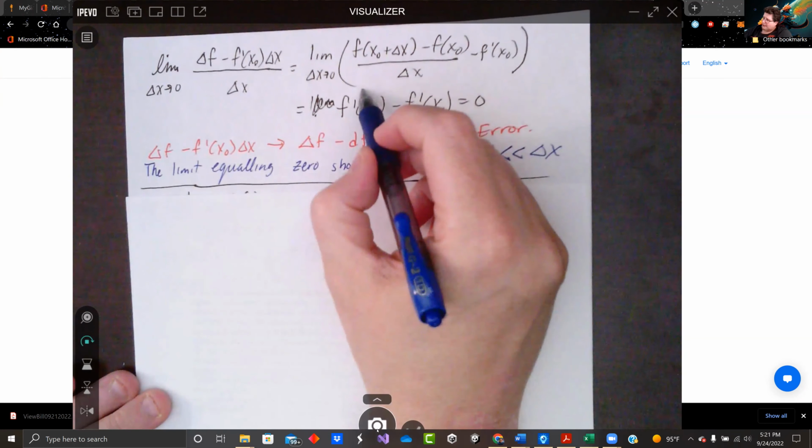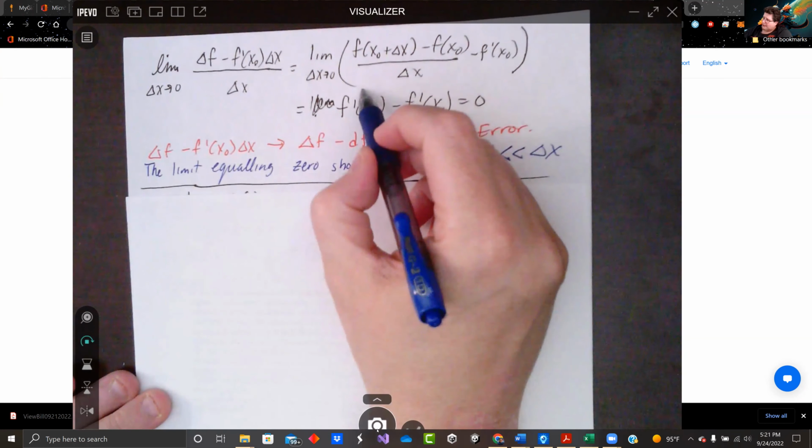So we have no delta x in here. It doesn't do anything. So f prime of x naught comes from there. This comes down, and we show it equals 0 as delta x goes to 0. So it shows that the error, or delta y minus dy, is a lot smaller than delta x. This allows us to do what we wanted to do, our approximations.